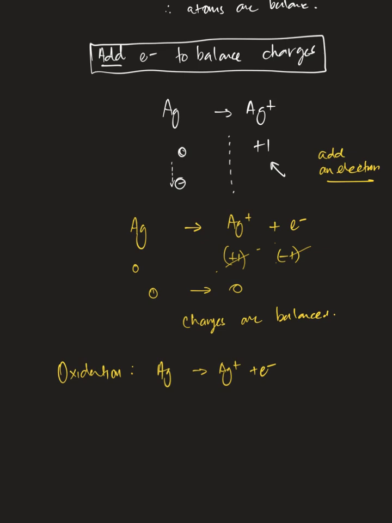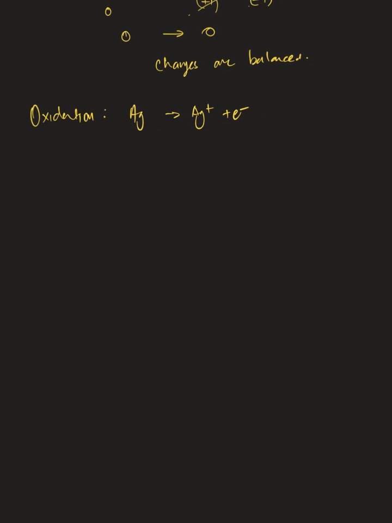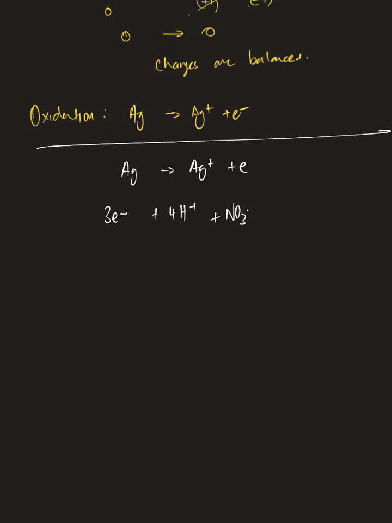Since these two equations are fully balanced for both atoms and charges, I'm going to start putting the equation back together. What I have now in front of me is Ag gives me Ag1 plus an electron, and I've also got 3 electrons plus 4H plus ions plus NO3 minus gives me NO plus 2H₂O.